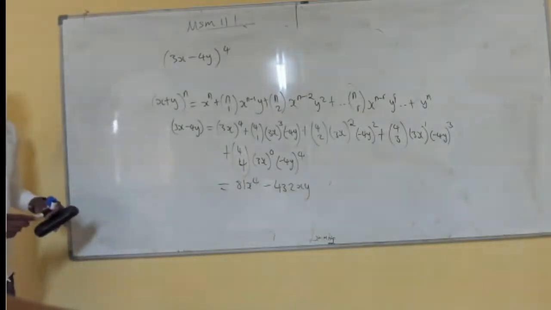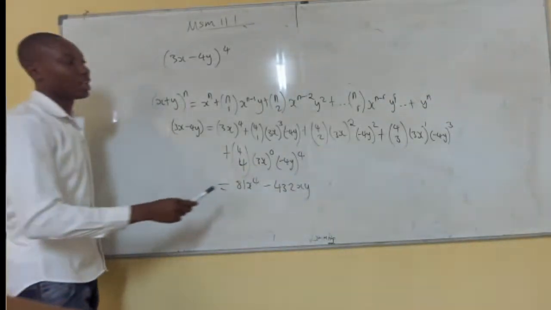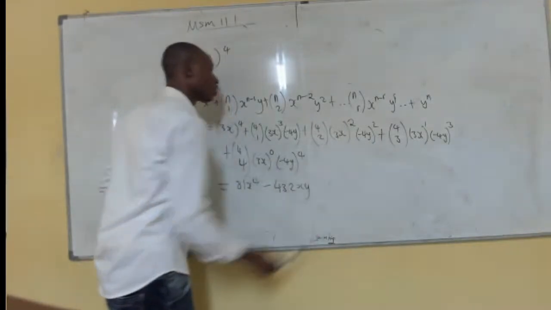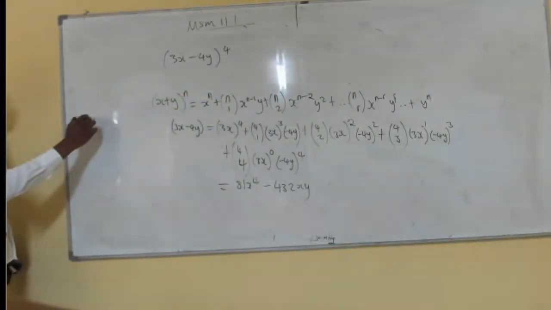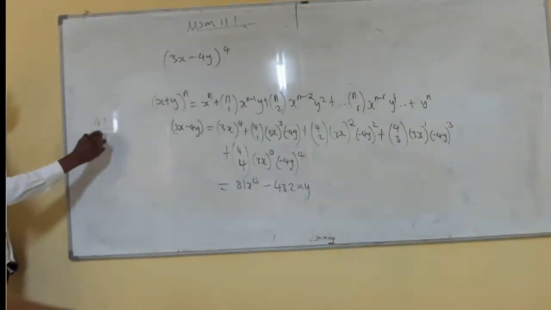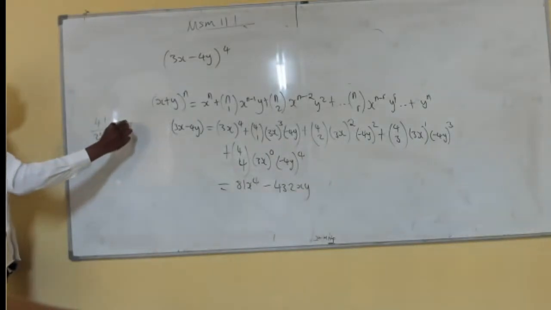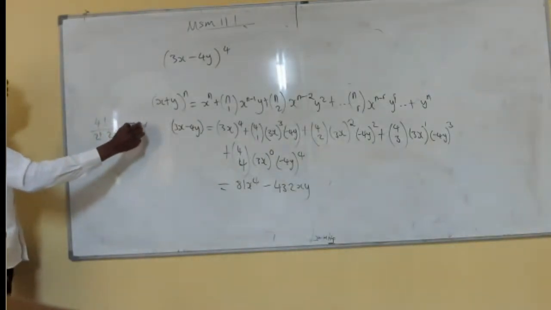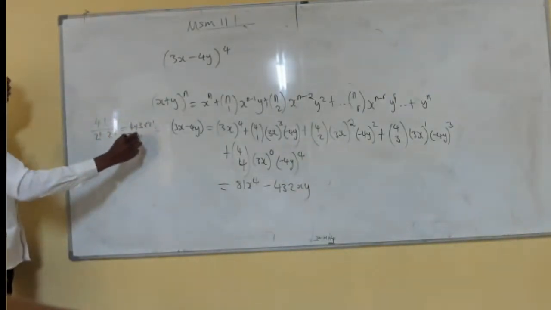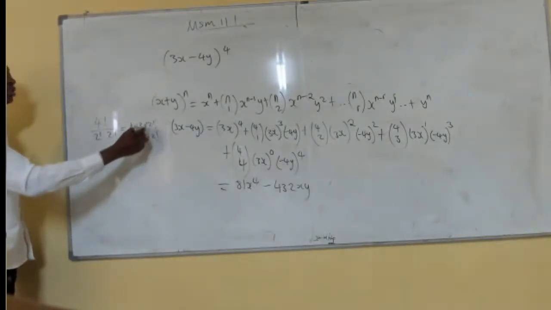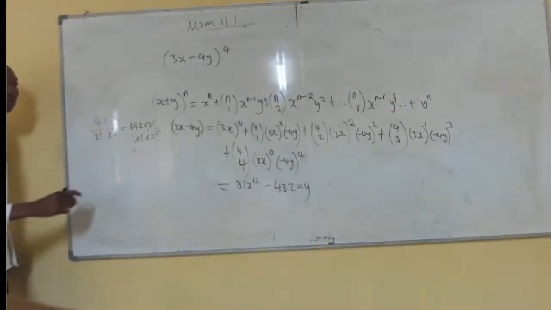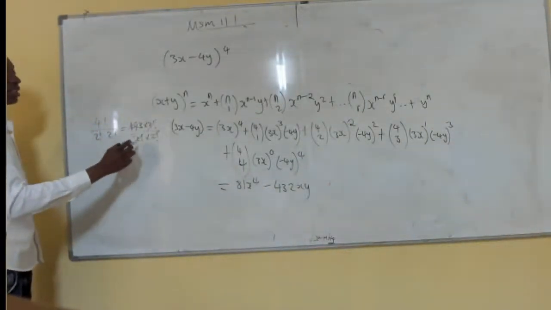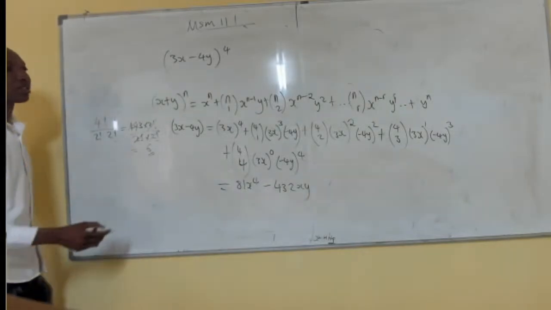Next, I'm dealing with a different expansion now. I'm looking at this component. So what is 4 choose 2? 4 choose 2 is 4 factorial over 2 factorial times 2 factorial. This is 4 times 3 times 2 factorial over 2 factorial times 2 factorial. So this and this will cancel. 4 times 3 over 2, that is basically 6.